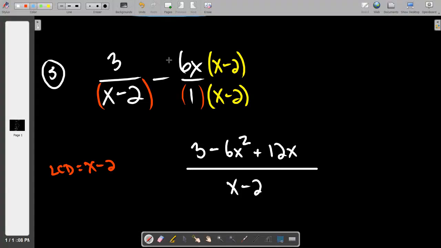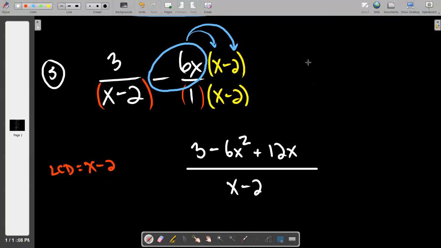Well, if you haven't figured it out, what are we distributing? Don't say 6x. What's distributing into these parentheses? A negative 6x. Let me circle it for you. That is what's being distributed, which is why we have to switch to plus 12x at the end.